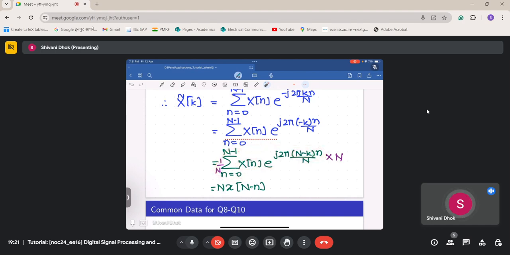So just because we are having a periodic thing coming into picture, or rather replicas coming into picture, instead of minus k, I'm just replacing it by N minus k, so that I have the range of this small k from 0 to N minus 1.